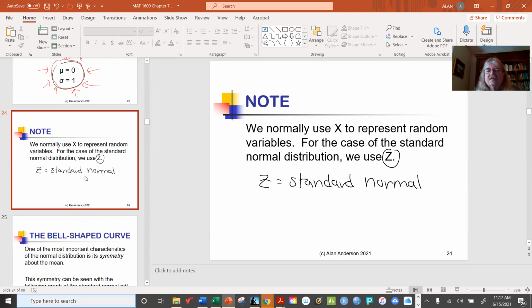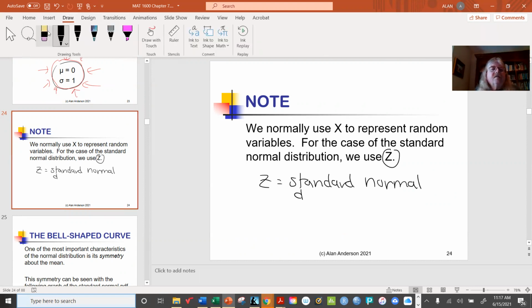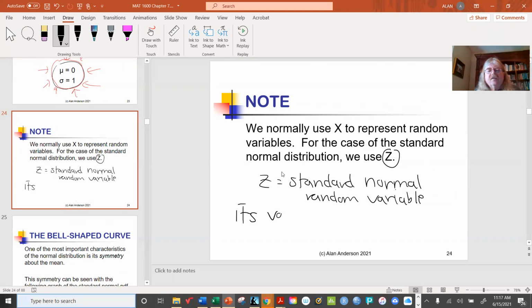So that letter Z is reserved for the standard normal case. This Z is a standard normal random variable. Its value is often known or referred to, and you may have heard this terminology before, as a Z-score.